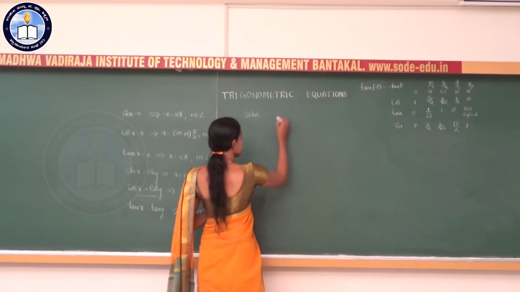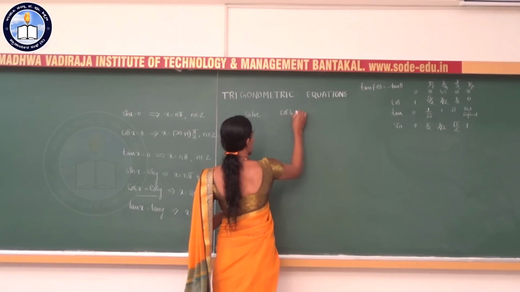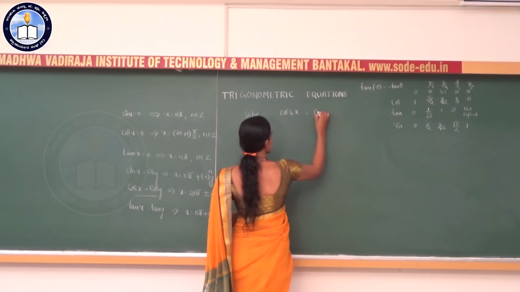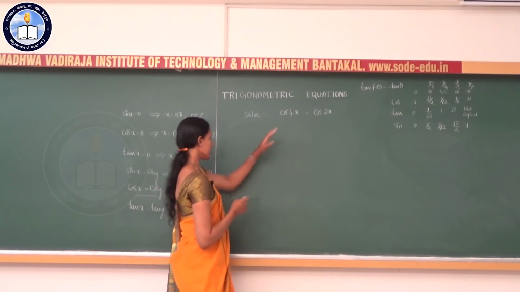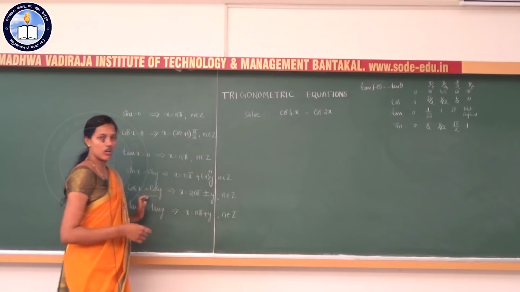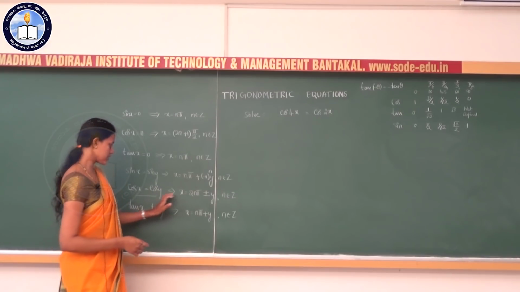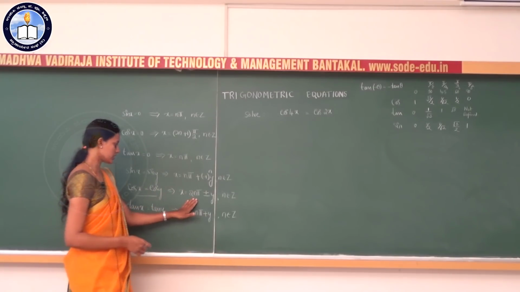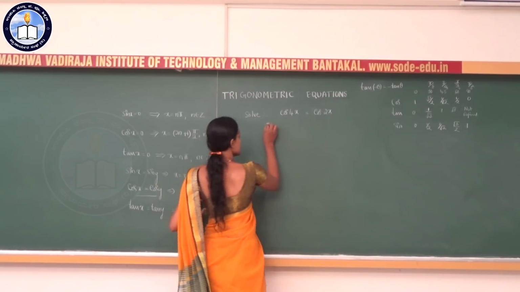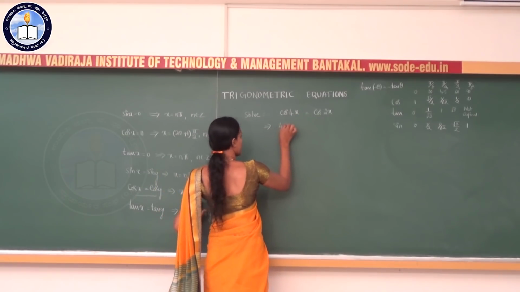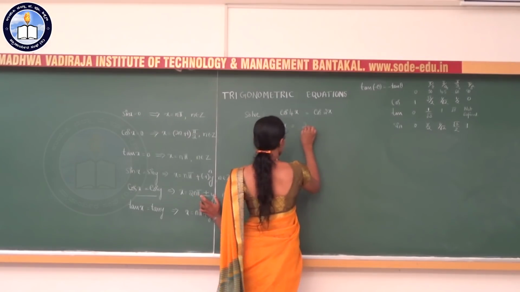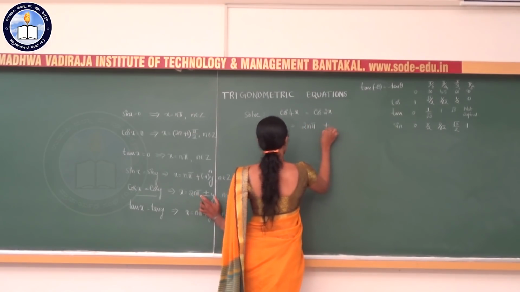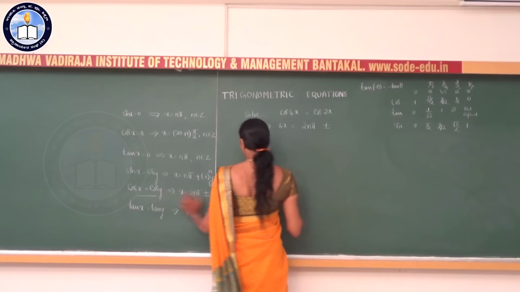Next one, cos 4x is equal to cos 2x. Here directly it is in the form cos x is equal to cos y. So we can use this theorem which says first angle, here it is 4x, is equal to 2n pi plus or minus y.